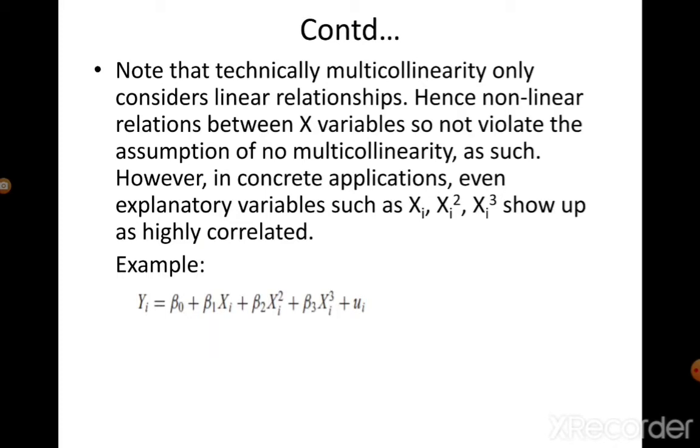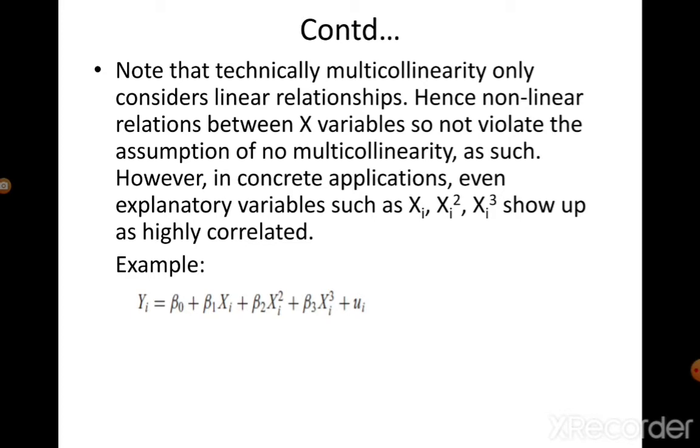One technical point to be noted is multicollinearity only considers linear relationships. So if we have non-linear relationships, such as over here, yi is equal to beta naught plus beta 1 xi plus beta 2 xi square plus beta 3 xi cube, the explanatory variables are powers of the same variable xi.